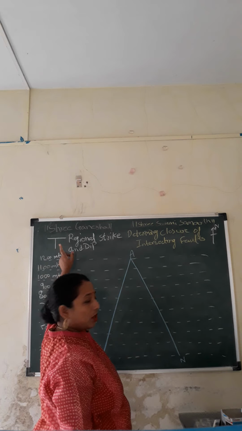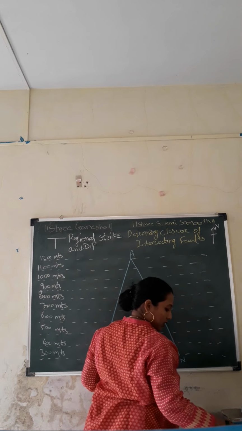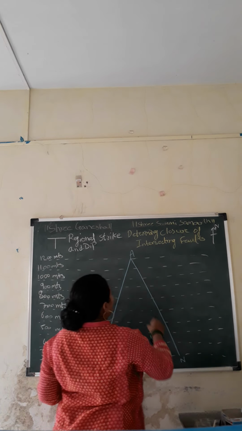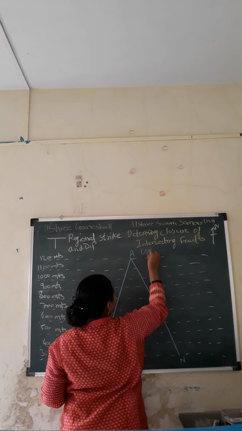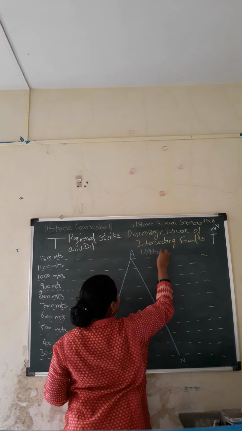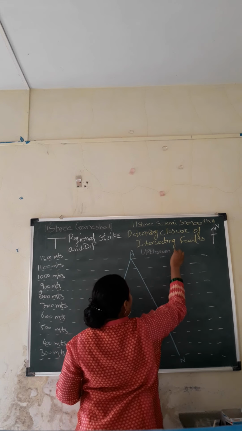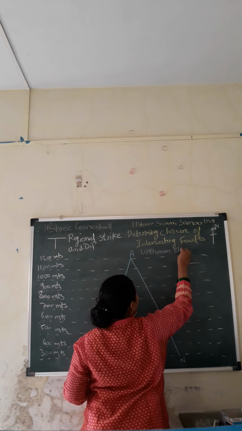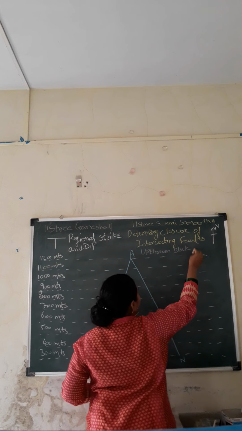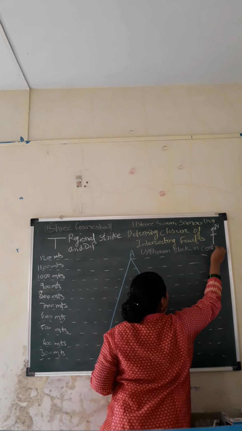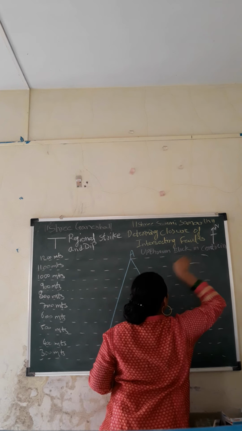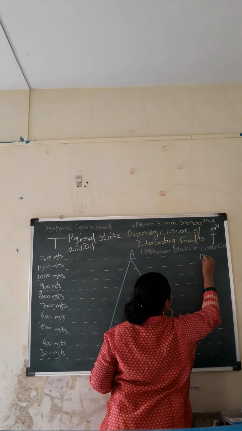This is the Downdip region. I will write with the other color: upthrown block in center in Downdip region.